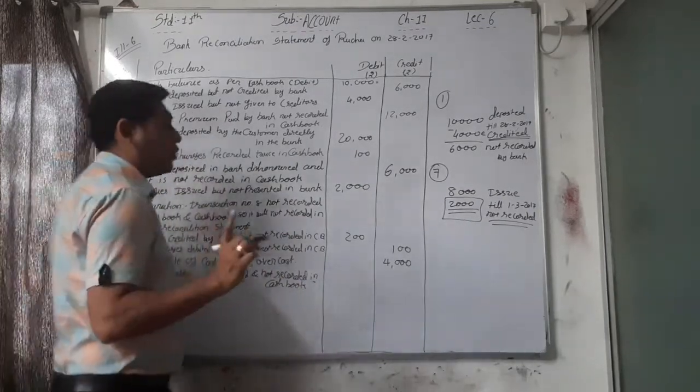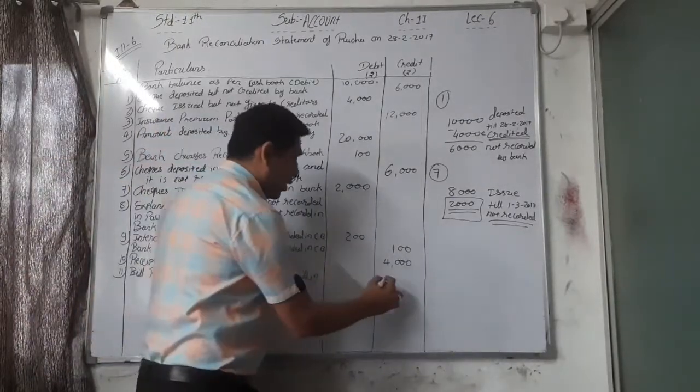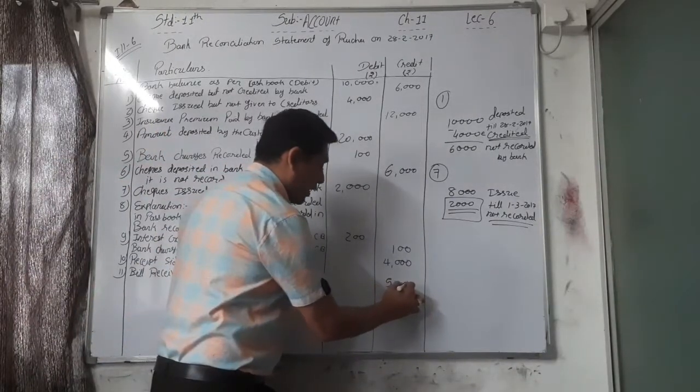So credit it 5,000 plus noting charges, that is 50. 5,050. Record that.